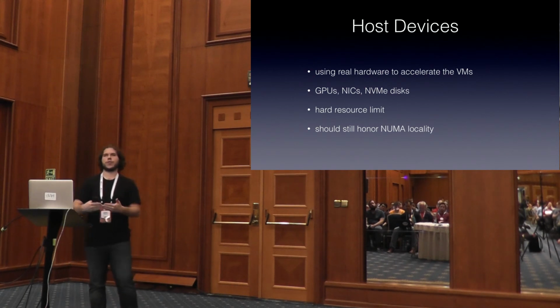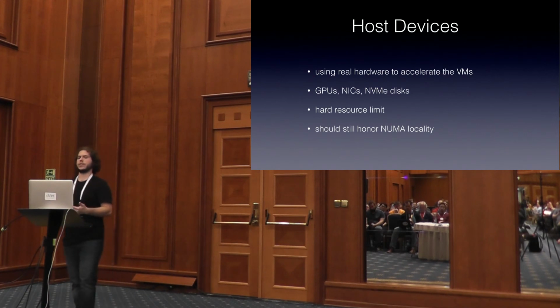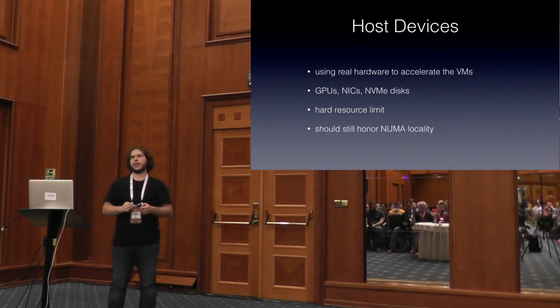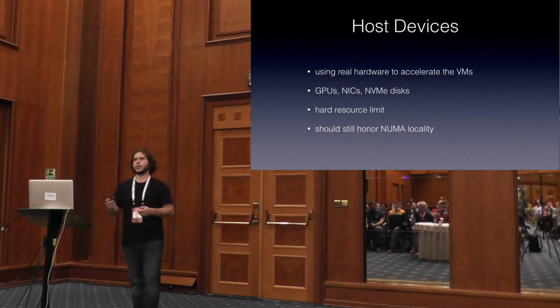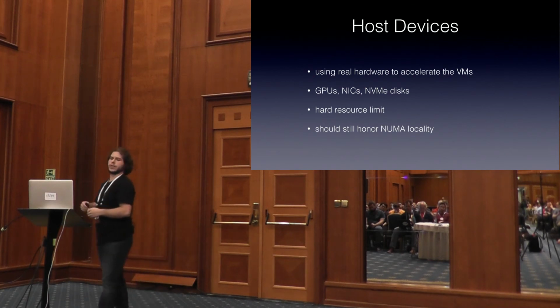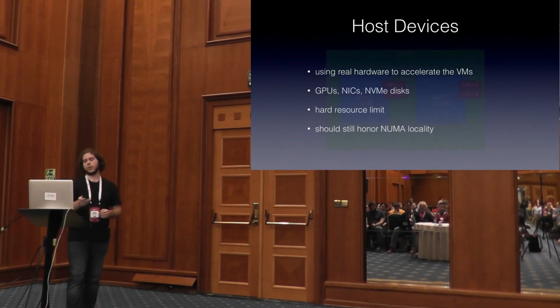On the other hand, for us as the management layer, it brings various issues. So as with Hugepages, this is a different limit. If you have a single VM on your host that requires a GPU, and you only have one GPU, then you're out of luck if you start another VM. On top of that, there's NUMA locality.